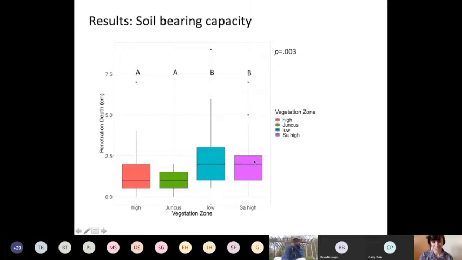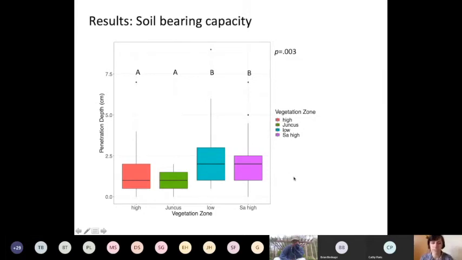But what I think is really interesting here is this purple box. So this vegetation zone is Spartina alterniflora high marsh, that area that's being taken over by the stunted form of Spartina alterniflora. And what's interesting here is that a lot of these areas are former high marsh that are transitioning into areas that are taken over by this stunted grass.